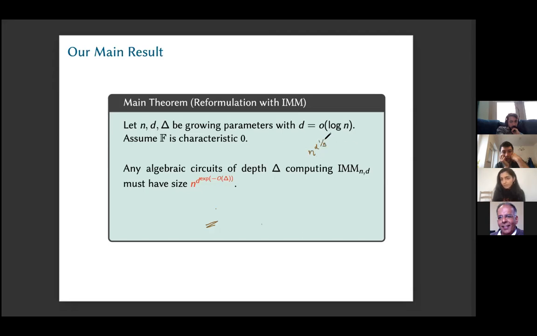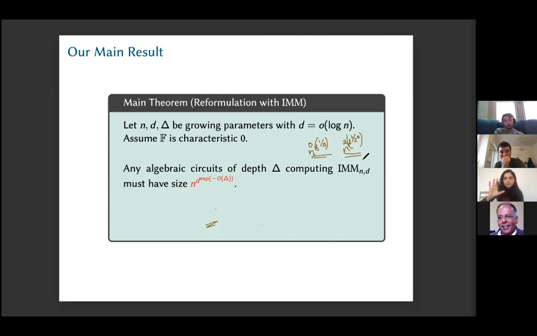This divide and conquer argument showed us this for depth delta. And the lower bound says that you need something like n to the d to the, say, 1 by 2 to the delta or something like this. So we are able to say that this much is necessary, and we know from our divide and conquer construction that this is sufficient.